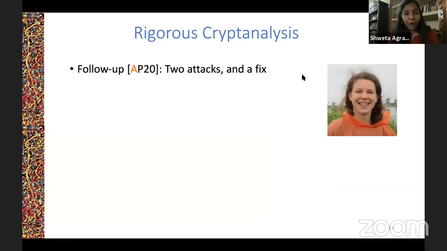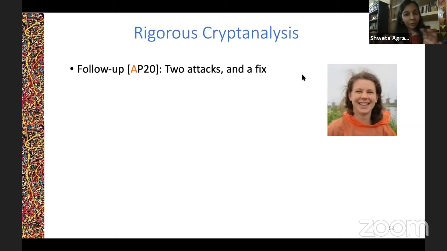In a follow-up work with Alice, we did much more rigorous cryptanalysis, and we did find two problems with the scheme, which we could fix. These two problems, even though they're serious in that they break the scheme, are in my view not fundamental problems.